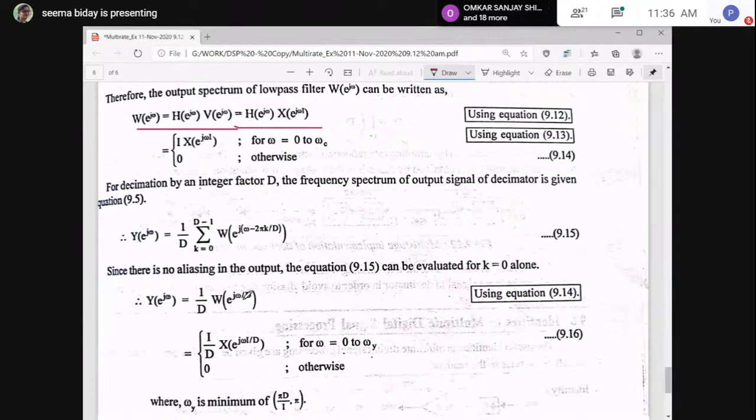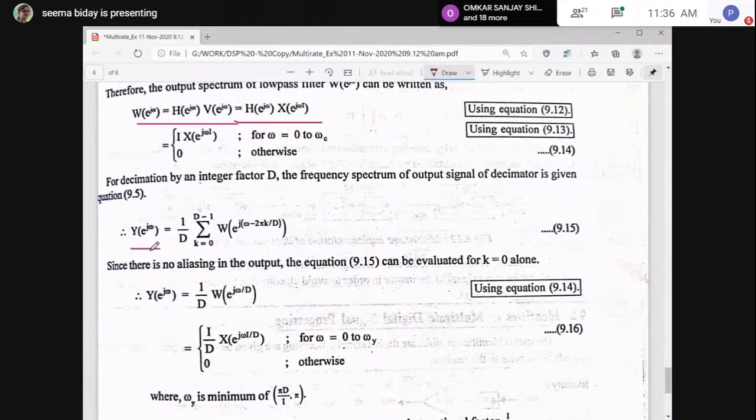Now what about Y(e^jω)? Y(e^jω) is decimated by an integer factor D. The spectrum of the output signal of a decimator is given by 1 by D, sum over k equal to 0 to D minus 1, W(e^j(ω minus 2πk) divided by D).